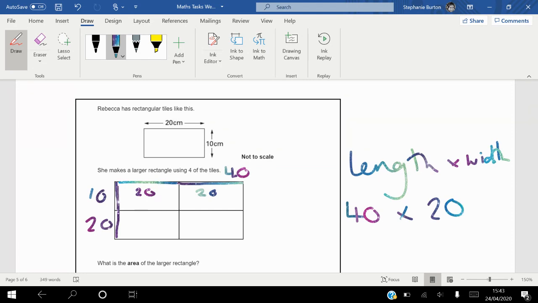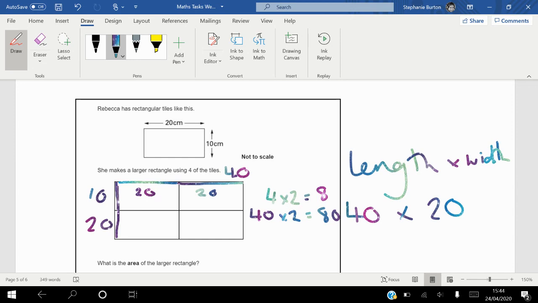Now, I can't use short multiplication for this because it's a 2-digit number, so I'm going to use some if I know facts. So I'm going to start by using the if I know fact of 4 times 2, which gives me 8. So if I know that 4 times 2 is 8, I know that 40 times 2 is going to be 10 times as big because one of my factors is 10 times as big. So that's going to give me 80.